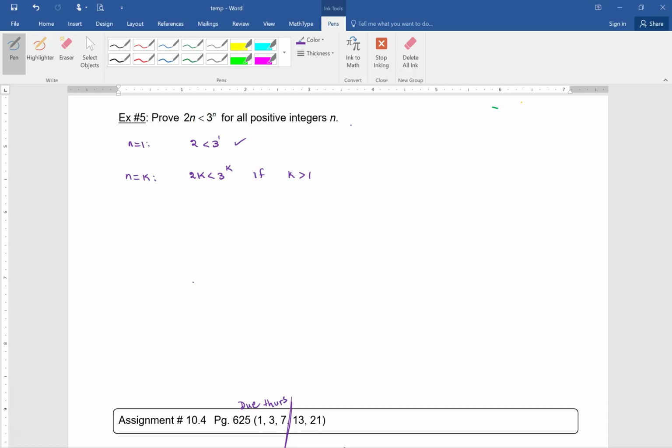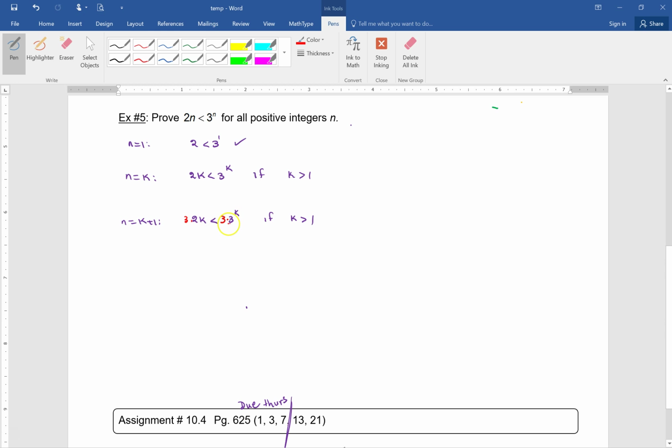All right, so for the n equals k plus 1 case then, we take this and what do we multiply both sides of this equation by? Because we need to get 3 to the k plus 1. By what? By 3, just by 3.